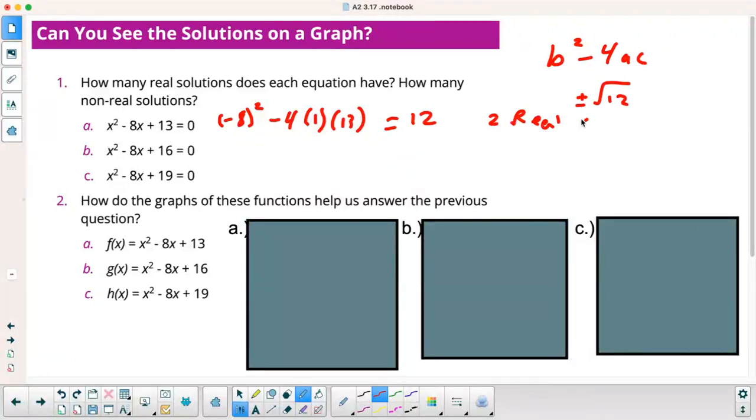real solutions. Over here, it's going to be -8 squared minus 4 times 1 times 16.